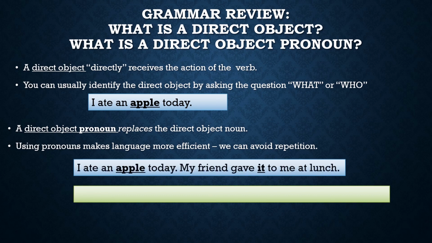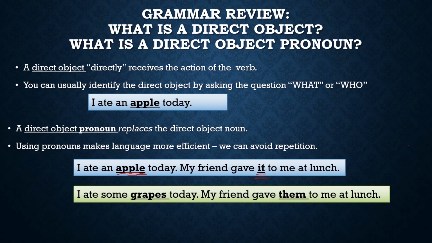So we have our handy direct object pronoun, it, that is replacing the direct object noun, apple. So instead of saying, I ate an apple today, my friend gave me the apple at lunch, the apple was delicious, apple, apple, apple, I can use the direct object pronoun, and it just makes things more efficient.